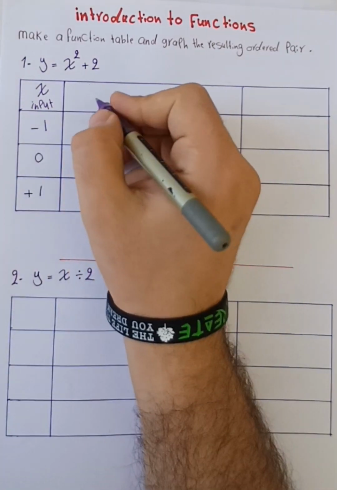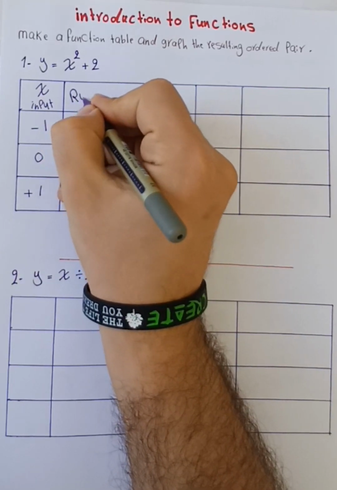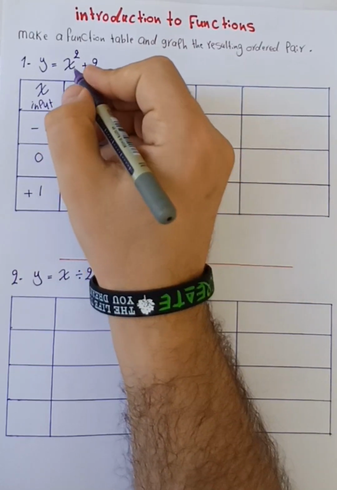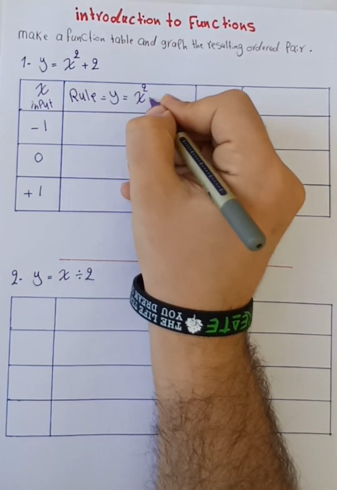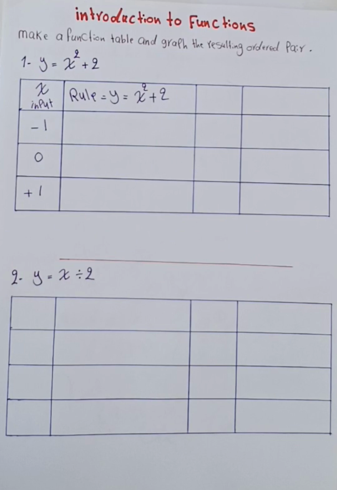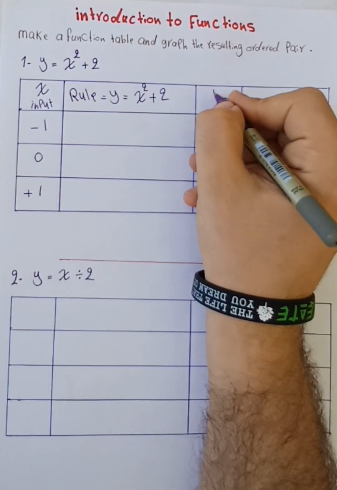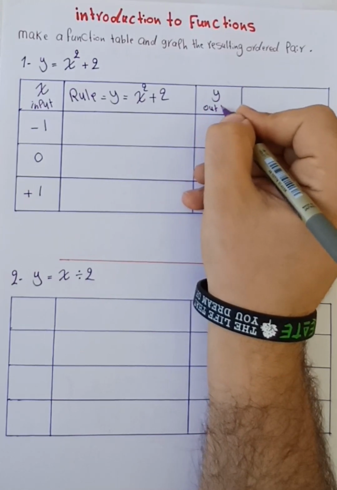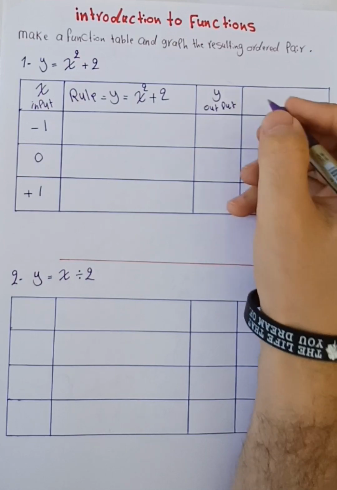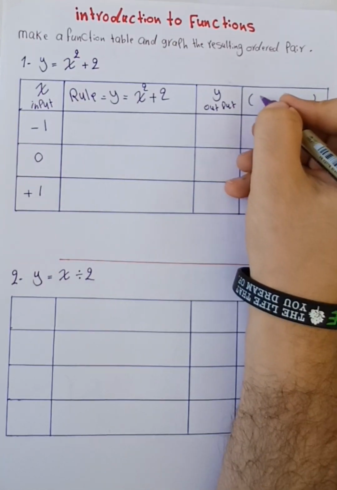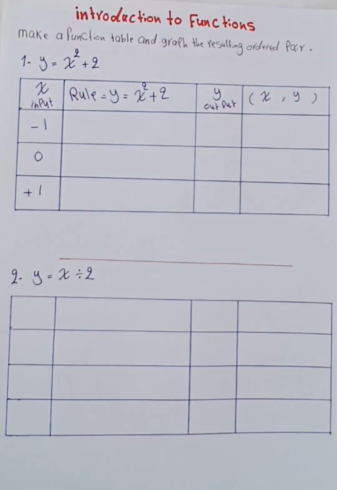And then the second cell is rule. The rule is y equal to x squared plus 2. And then this is output. Output is y. When we find the value for y, we have to write here. And then the last cell we have ordered pair x and y.